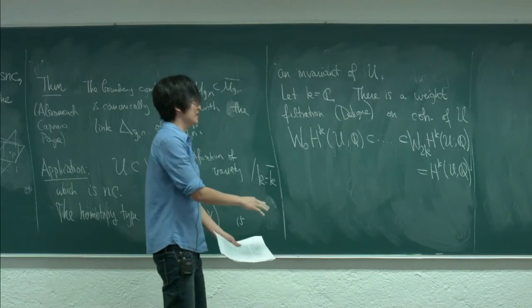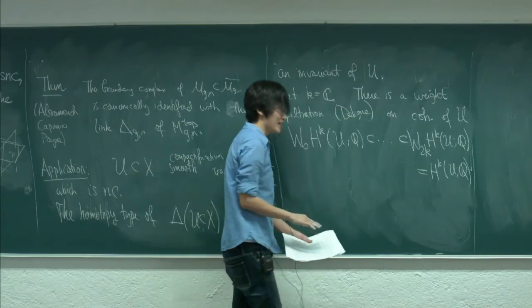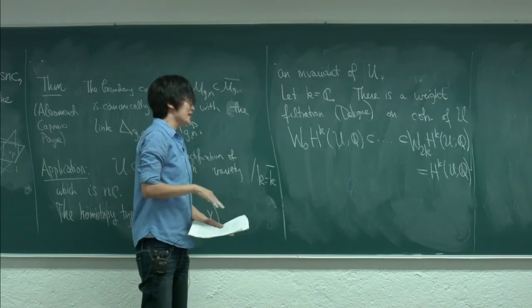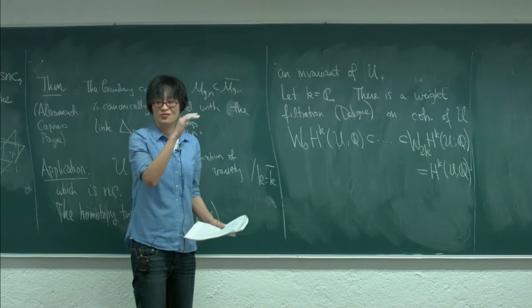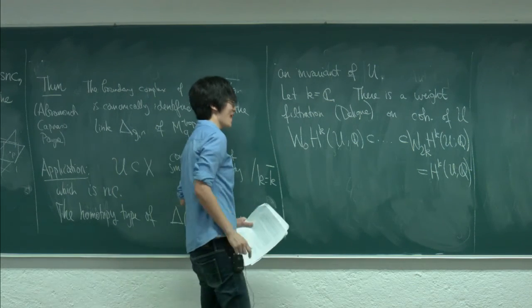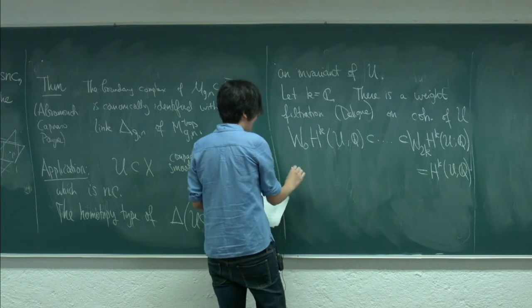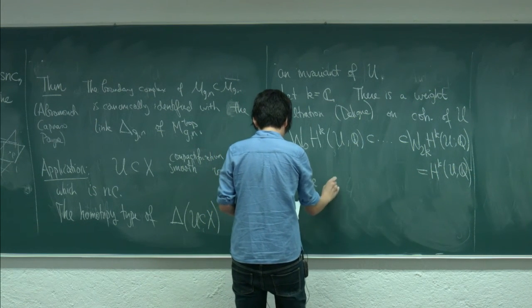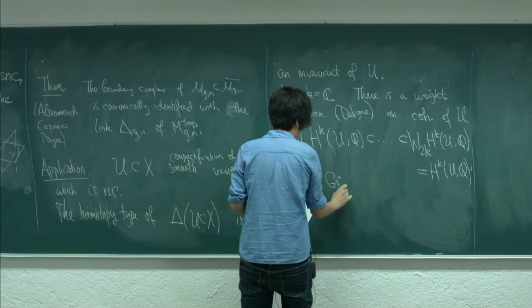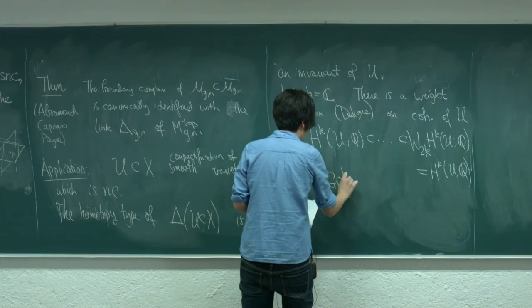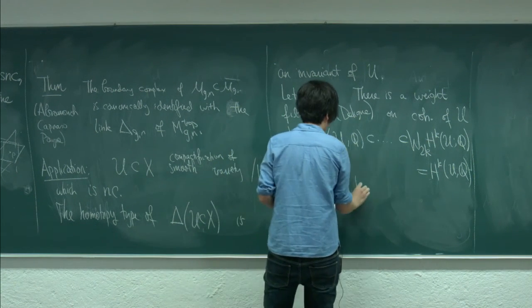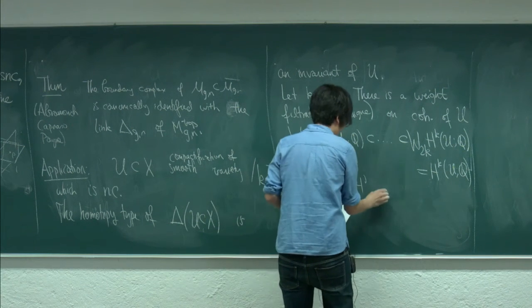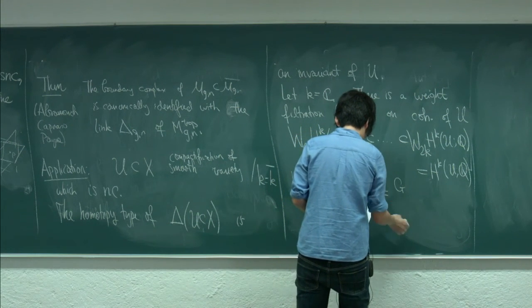So this is some vector space. And I'm saying that there's a canonical weight filtration on that vector space, so a sequence of increasing vector spaces that I won't define. And let me write GR^W_k H^j to be the relevant quotient.